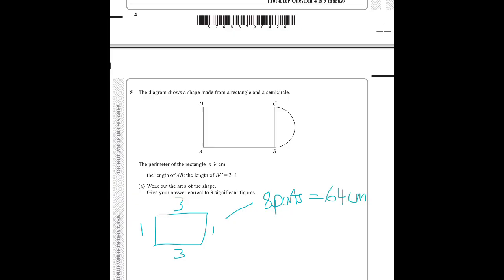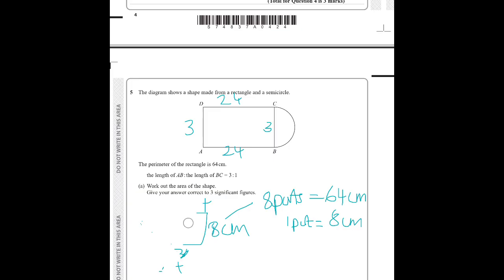So if I divide both by 8, each part of this rectangle I've drawn is 8 centimeters, meaning the side is 8, but the width is 24, right? 3 lots of 8, 24. So these are the lengths on my rectangle. So I've got 24 and 3, 24 and 3. Cool.